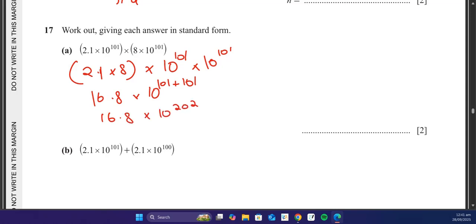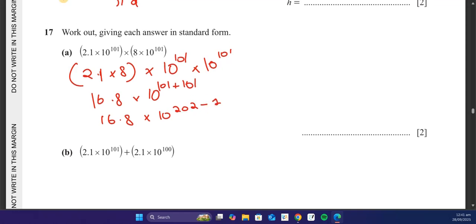202 plus 1. All right, makes sense. So why did we do plus 1? Because we could just take the decimal one unit back.